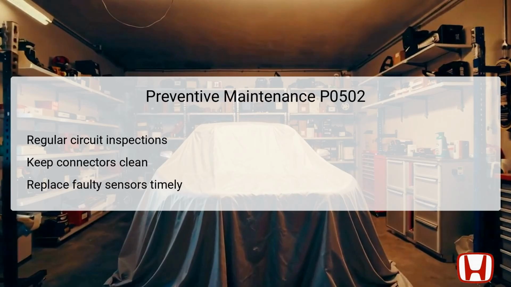To prevent DTC P0502 from recurring, regular preventive maintenance is vital. This includes routine inspections of wiring circuits and connections associated with the CVT speed sensor and TCM. Keeping these components clean from corrosion and ensuring secure connections significantly reduces the risk of circuit faults.